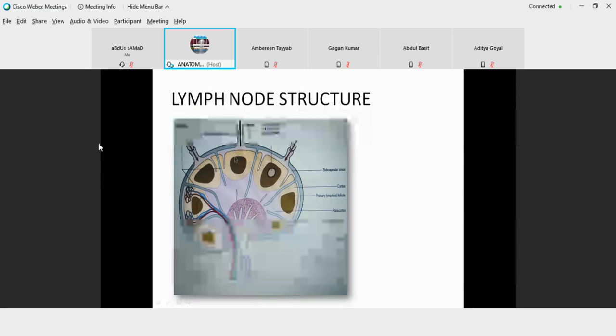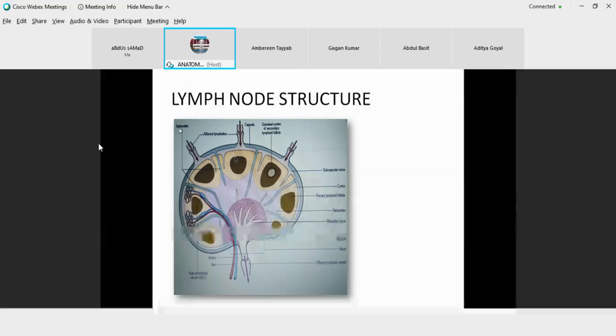Okay, afferent, incoming. And then usually a lymph node has several afferent lymphatics through which the lymph flows into the lymph node, and usually one efferent lymphatic. What is efferent? Now you can tell what is efferent. What is the meaning of efferent?